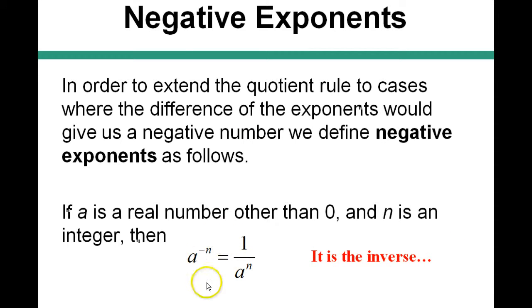So this is the rule. And in a sense, this is over 1. But then, keeping in mind there's a 1 up there, bringing this down to the denominator, the sign of the exponent changes, and in a sense, it's inverse.